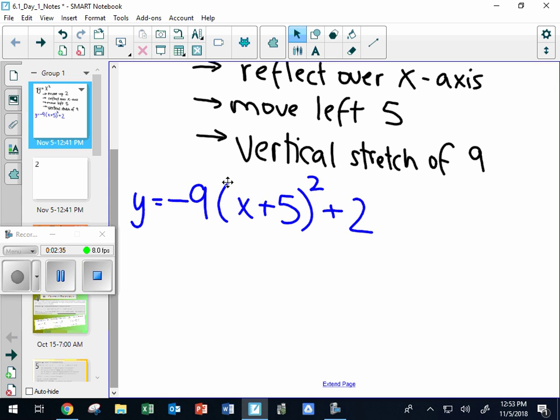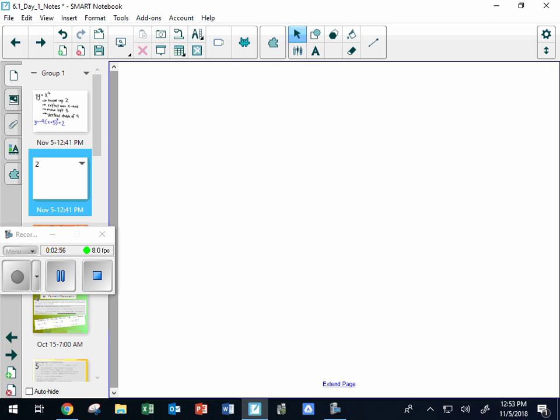All right. So, from this quadratic transformations, are we solid on this, shaky on this, or lost on this? Solid, shaky, lost. Solid? Okay, cool.